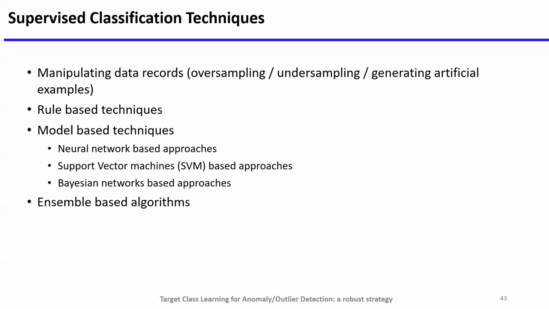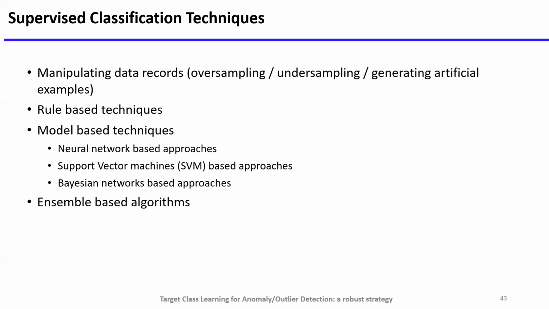If we generate certain rules with the help of these threshold values, that becomes a rule-based system. We then check whether a test sample falls within a particular section of this rule-based system, and it can be labeled accordingly as normal or anomalous.